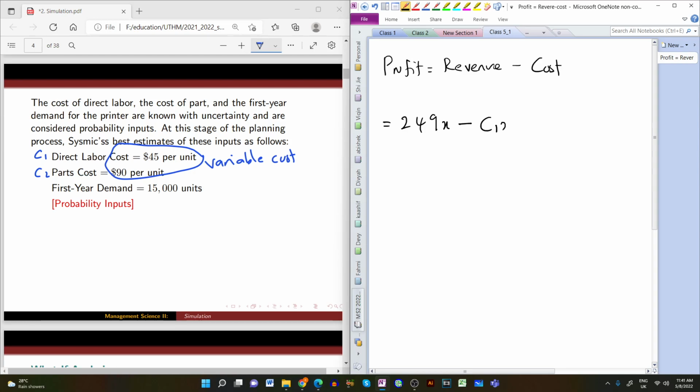So I put C1x plus C2x, the part cost. And what was the fixed cost just now?